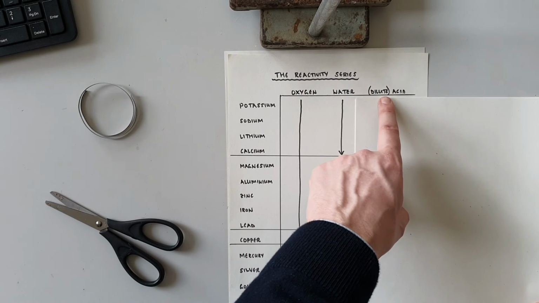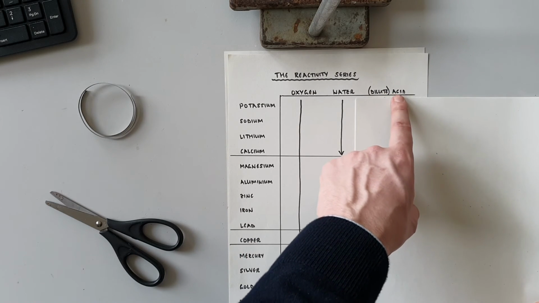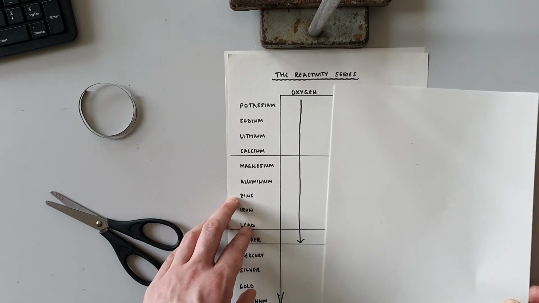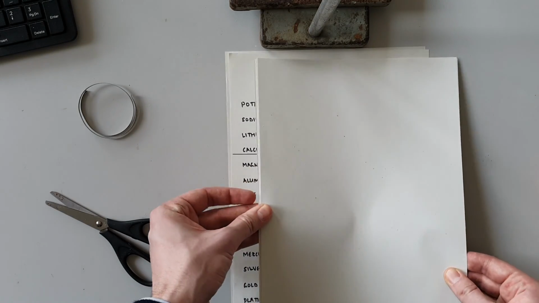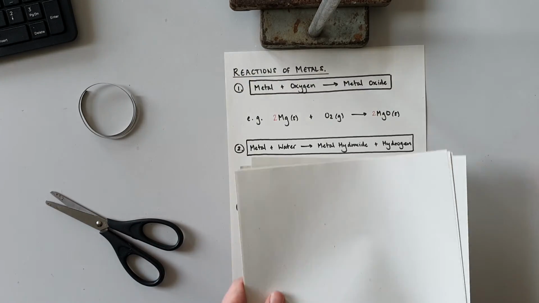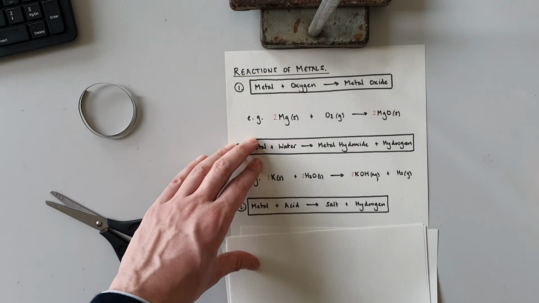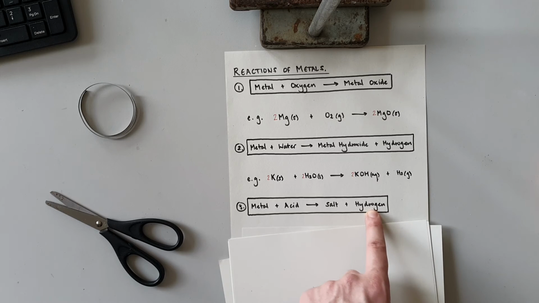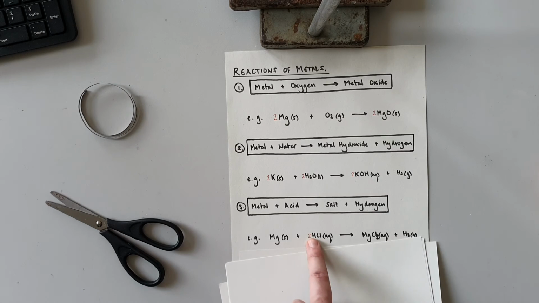But what about the final reactant? What about acid or dilute acid, which just means not very concentrated acid? Well, when metals react with acid, they will form a salt, and they'll also form hydrogen gas, just like reacting with water. That is because, again, we are adding hydrogen into the reaction.